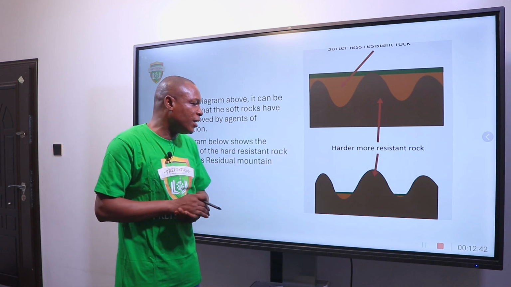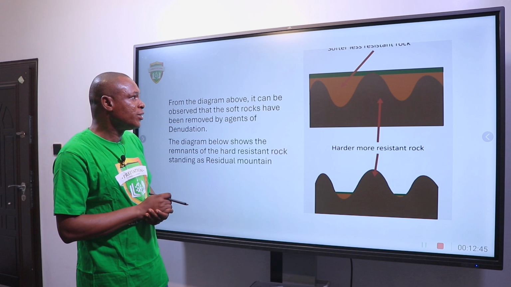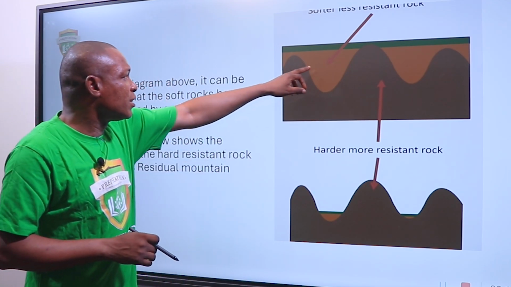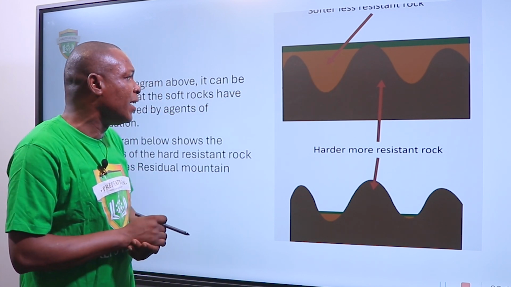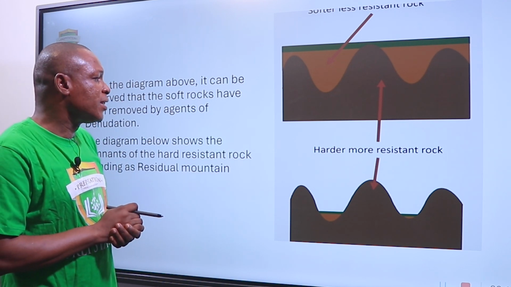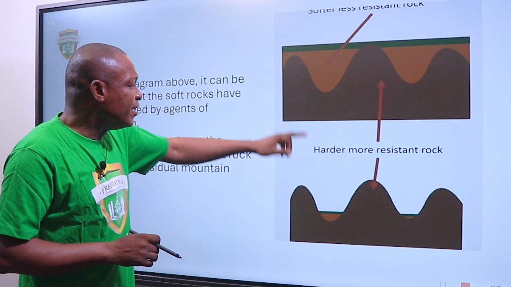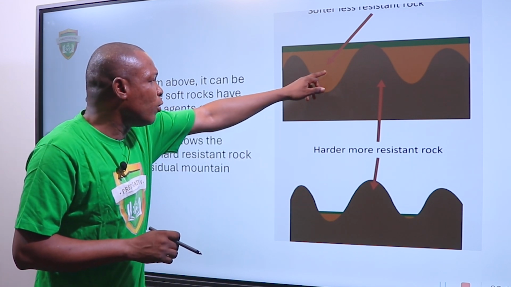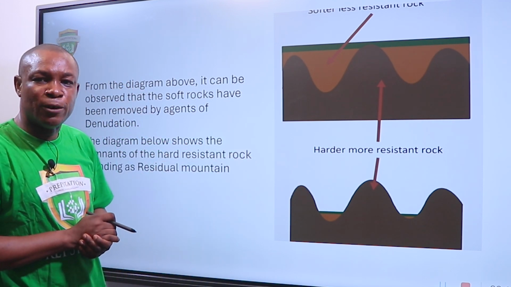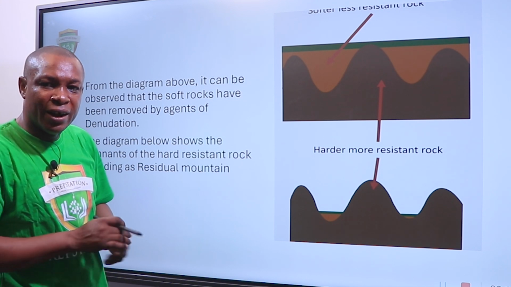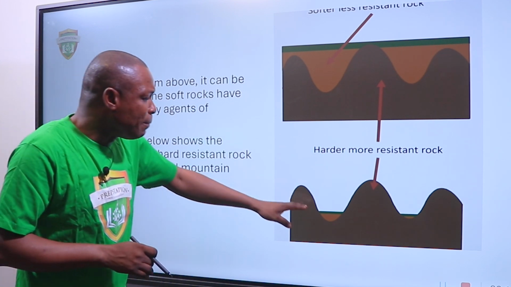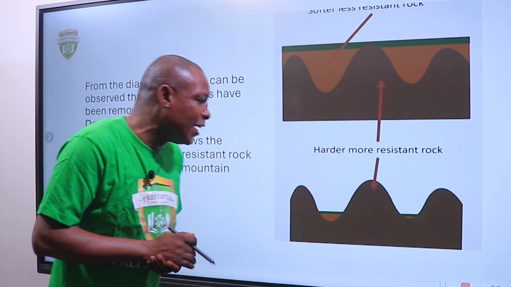This is a diagrammatic illustration of residual mountain. This is the original mountain as it were. This represents the softer layer, and this dark brown area represents the resistant rock. You can see that in this other diagram, the soft rocks are no longer there. The soft rocks have been eaten up or washed off by agents of denudation, such as wind and rainwater or erosional water, leaving behind the hard resistant part.